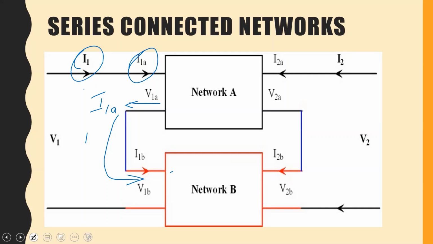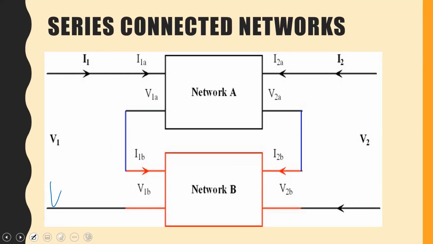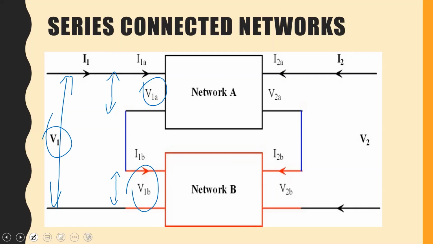If we look at the voltages, the voltage across port 1, let me remove some of this ink. The voltage across port 1, which is this, yes, is going to be equal to the sum of the voltage across port 1A and 1B. So V1 would be equal to V1A plus V1B.